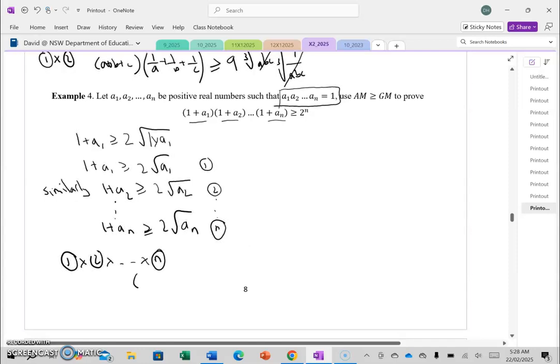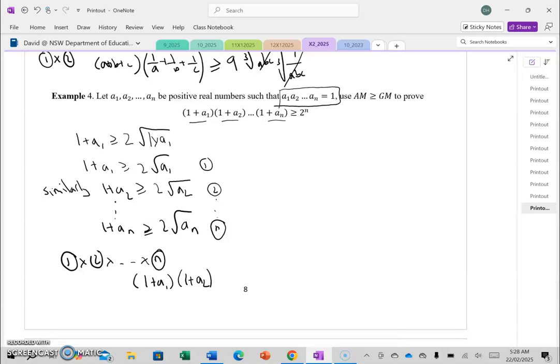Well, we're going to get 1 plus A1, 1 plus A2, product 1 plus AN, greater than or equal to, you've got n factors of 2 being multiplied, so that's 2 to the n. And you've got square root A1, A2, all the way up to AN.